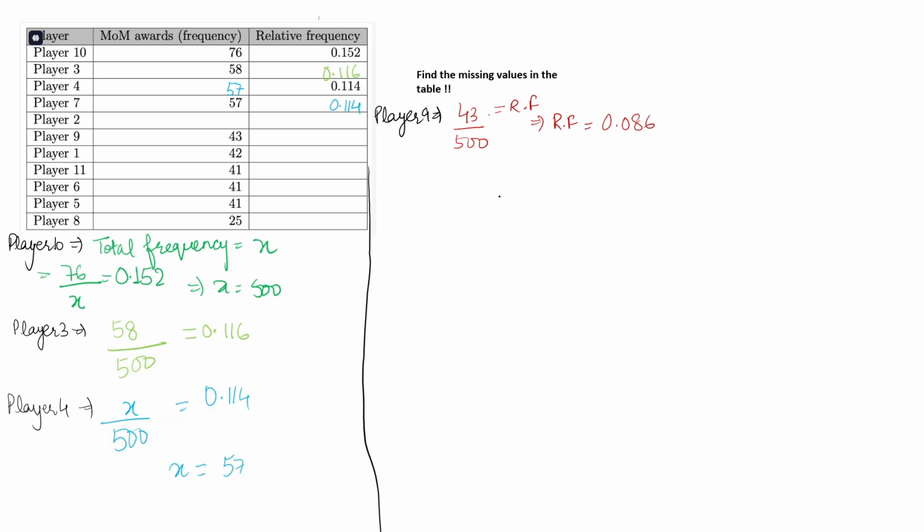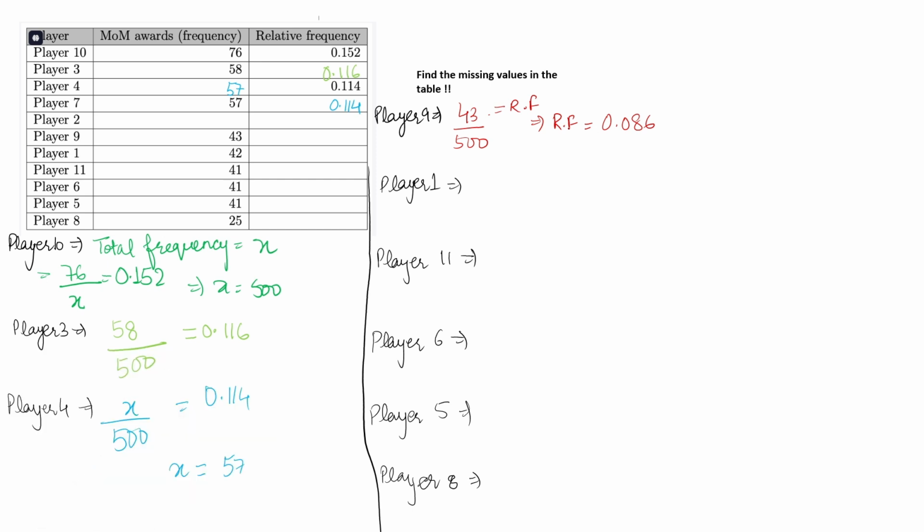Similarly for player 1, player 11, player 6, player 5 and player 8, we solve the relative frequency like player 9.